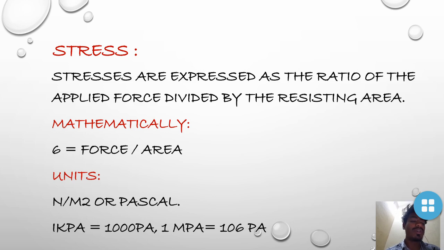Mathematically, sigma equals force per area. Stress units are Newton per meter square or Pascal, where 1 kilopascal equals 1000 Pascal, and 1 megapascal equals 10 to the power 6 Pascal.